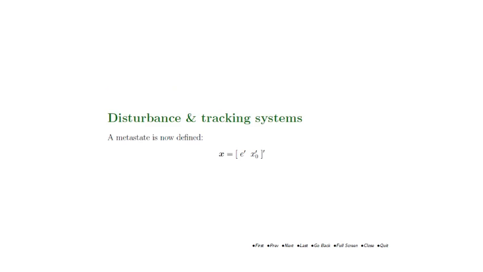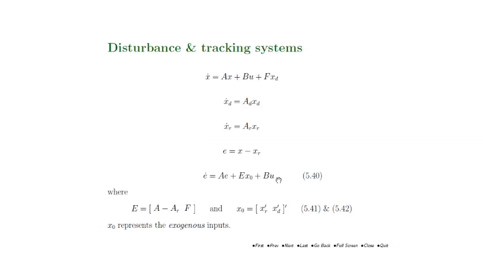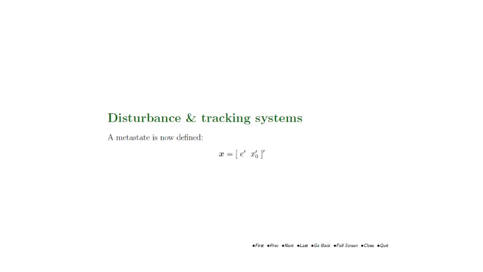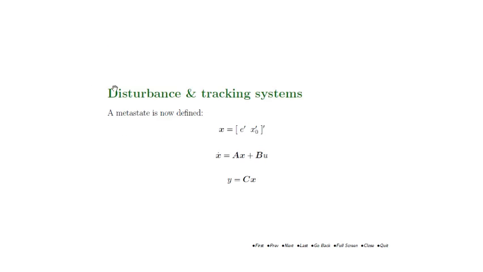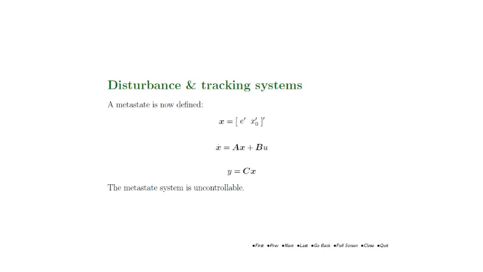But essentially what I'm doing here is recasting this equation 540 into this form with a meta state, and so he doesn't take it any further in chapter 5.